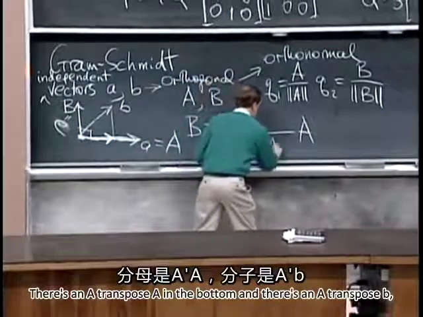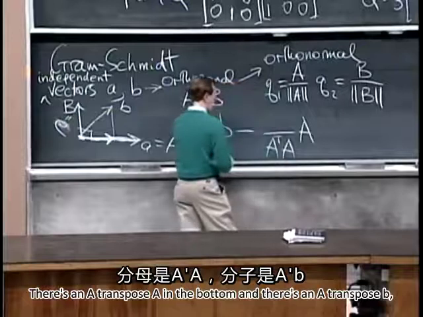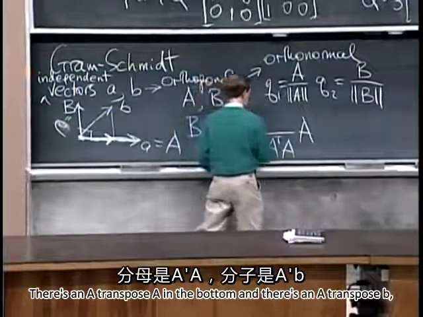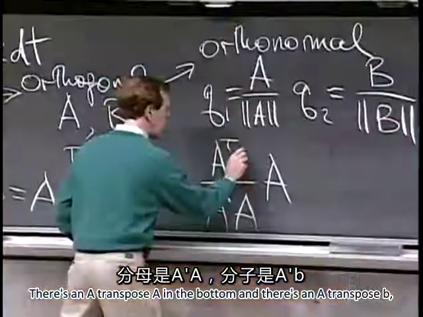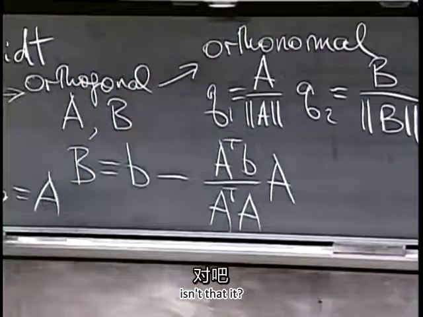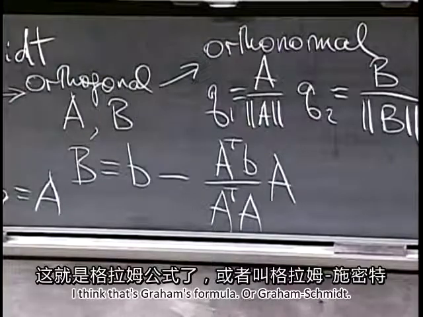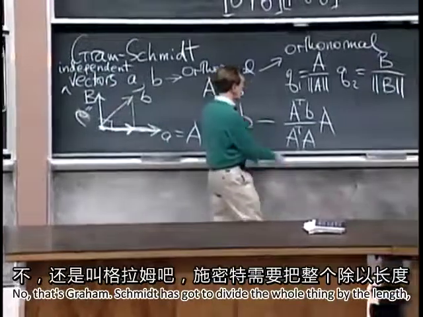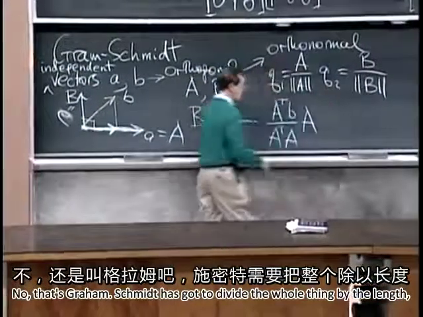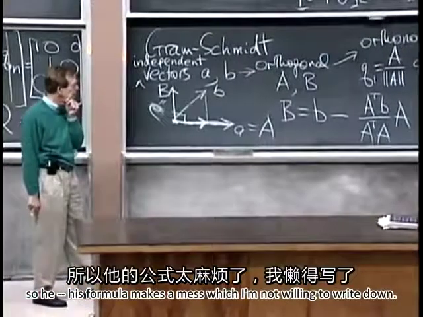There's an A transpose A in the bottom, and there's an A transpose B. Isn't that it? I think that's Graham's formula. Or Graham-Schmidt. No, that's Graham. Schmidt has got to divide the whole thing by the length. So his formula makes a mess which I'm not willing to write down.